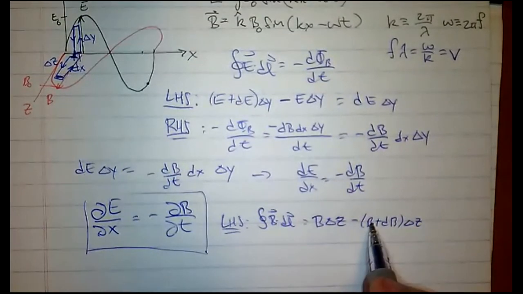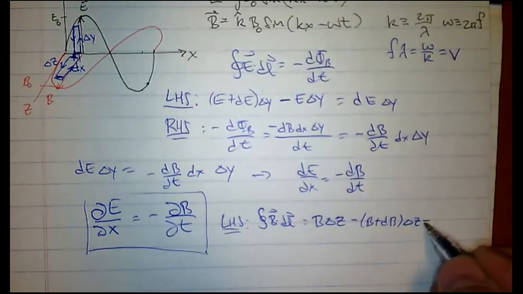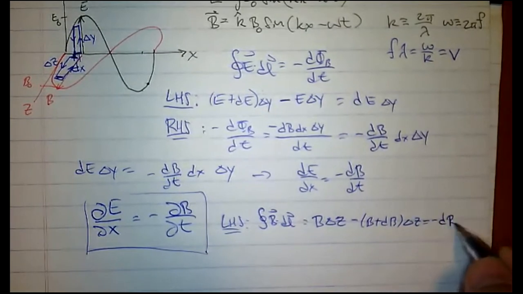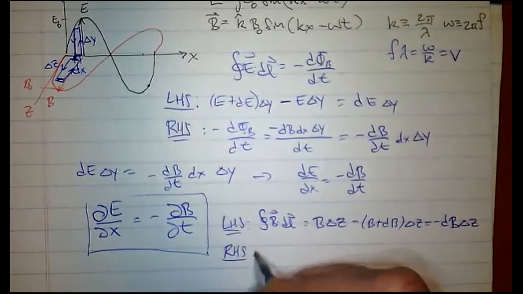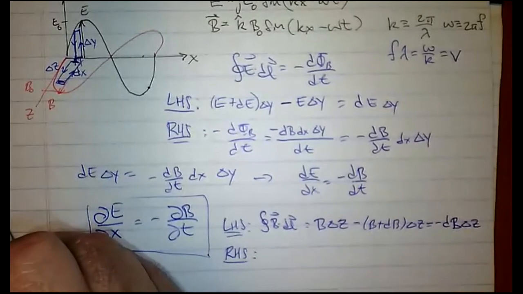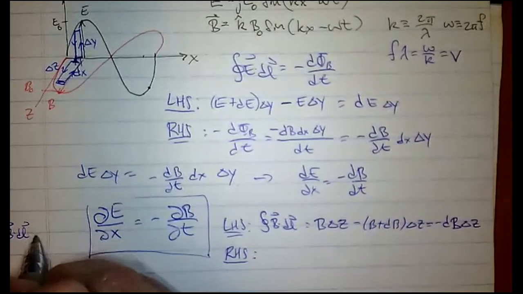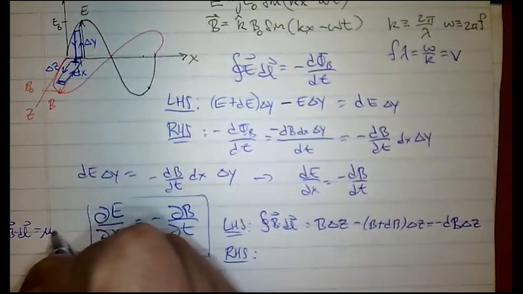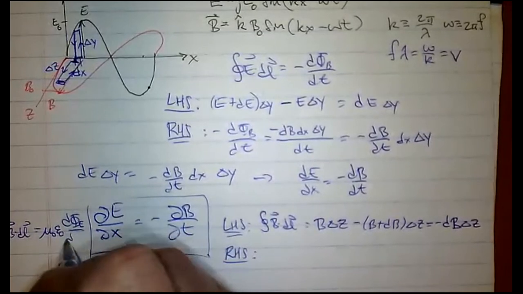The B delta z and the minus B delta z drop out, and I just get negative dB delta z. The right-hand side, which remember from Ampere's law, we're not picturing any current, so I'll leave that term off. I get mu 0 epsilon 0 d phi E over dt.